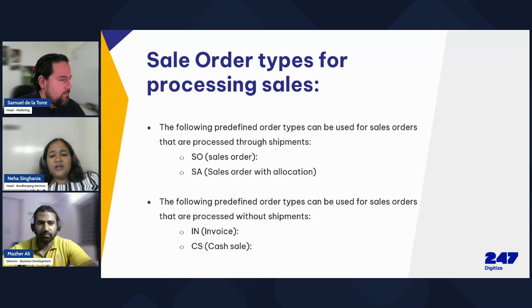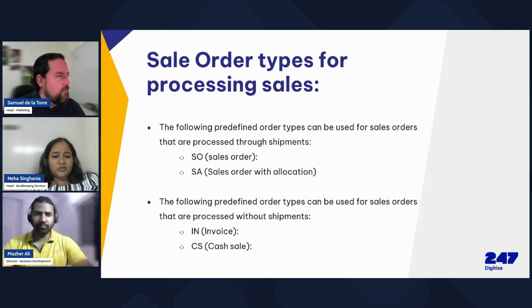Acumatica provides a number of predefined sales order types for common processing operations such as sales with shipment, sales without shipment, sales by cash, sales by check, and customer returns of inventory items. On the order types form SO201000, you activate the order types that your business will use and make sure that they are configured to fit your business processes.